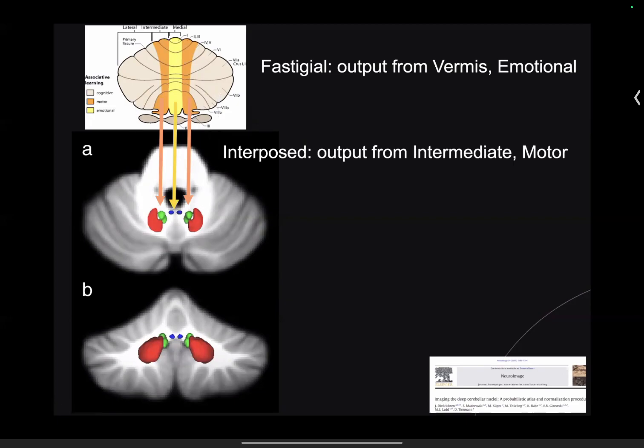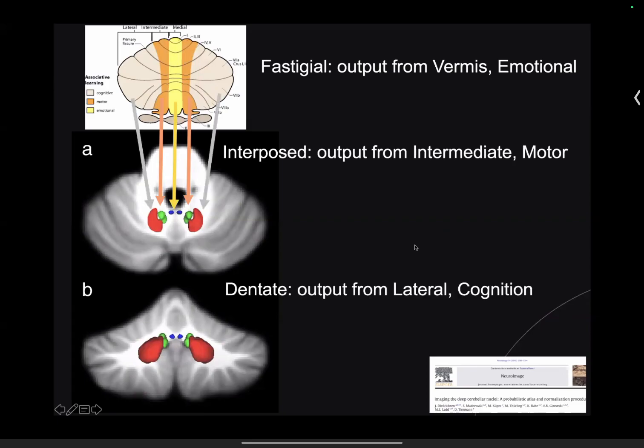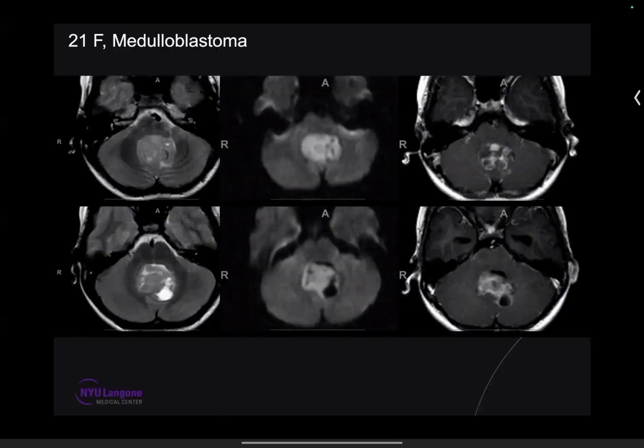Interposed gets output from the intermediate nucleus, and then it's the motor part of your function. And dentate, which is the lateralmost, the largest cerebellar nucleus we fairly well know and see, is involved in the cognition. How is that important?